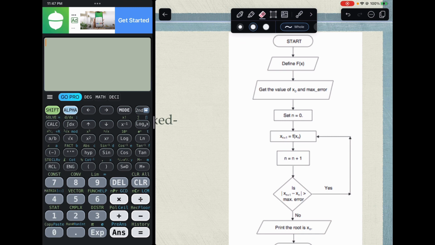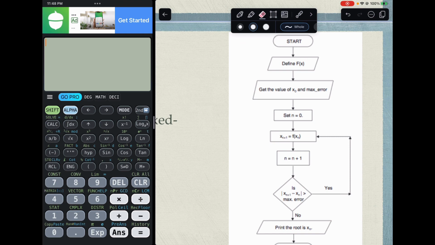As long as it is greater than the maximum error, the iteration continues. So we go back, and then there would be a series of increments.